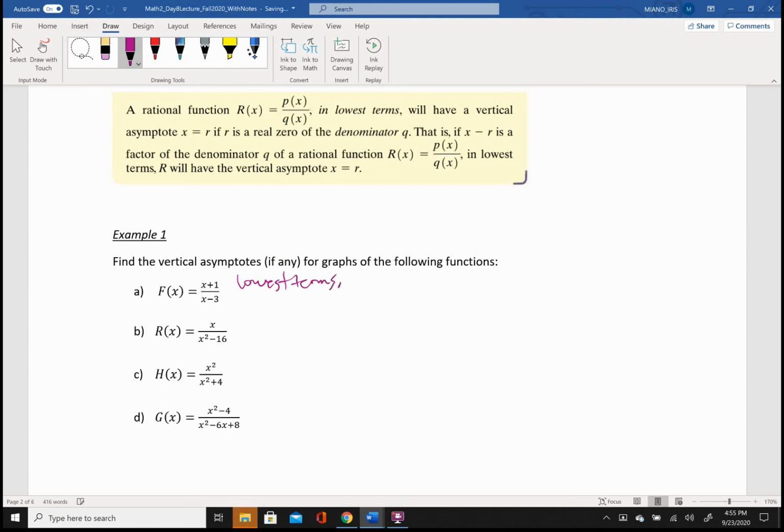Cool. Or maybe just recognize that and move on. And then take that q of x, which is the denominator, and set it equal to 0. Solve for that. So this would imply that x is equal to 3. And therein lies your vertical asymptote.